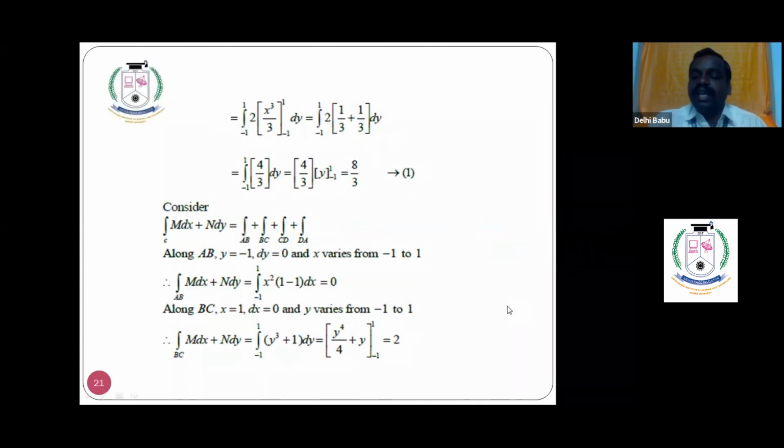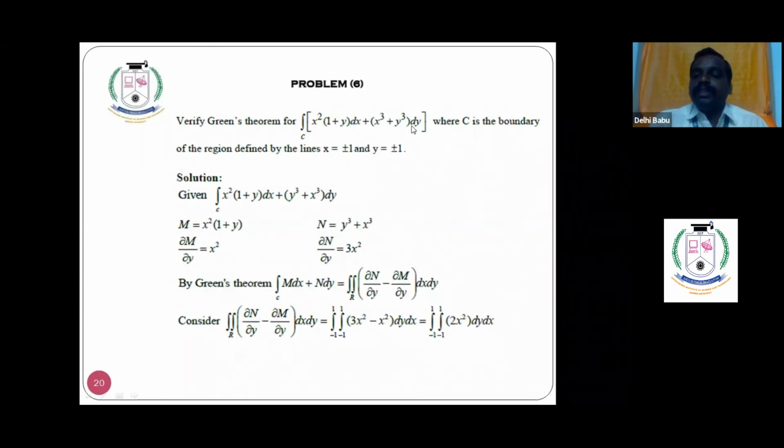Four directions are there. So when y equal to minus 1, take derivative on both sides. Here the y derivative is dy. Minus 1 derivative is 0. And the x varies from left to right, so minus 1 to plus 1. Now m dx plus n dy is given in the problem.